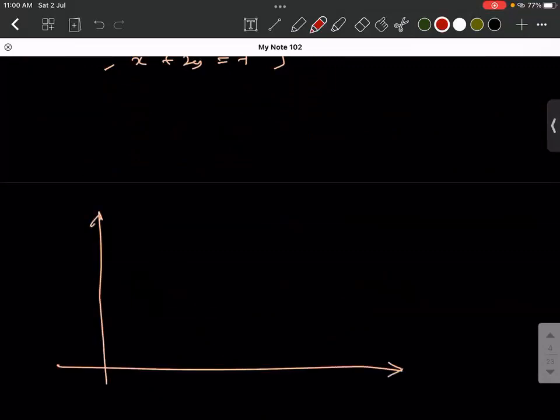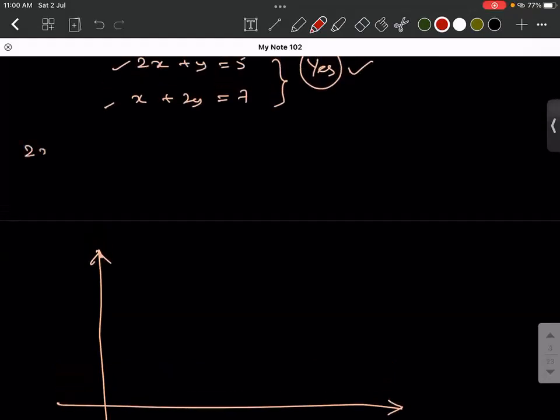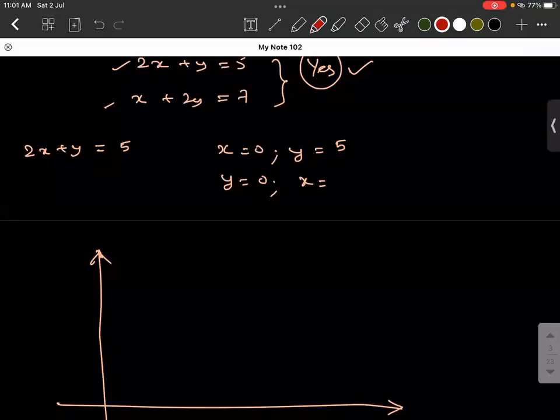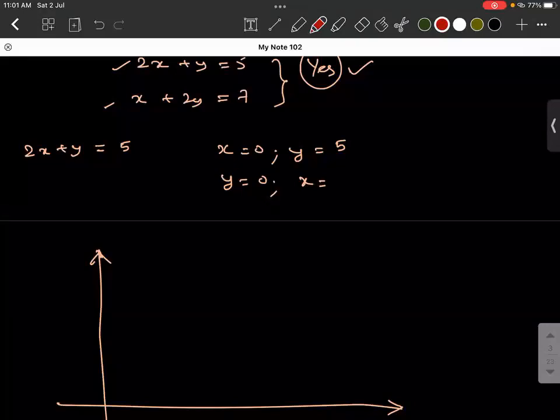So suppose I represent this on a graph sheet. If I want to represent 2x plus y is equal to 5 on a graph sheet, then how do I do that? First, I'll put x is equal to 0. I'll get y is equal to how much? 5. If I put y is equal to 0, how much will I get x as? 5 by 2.